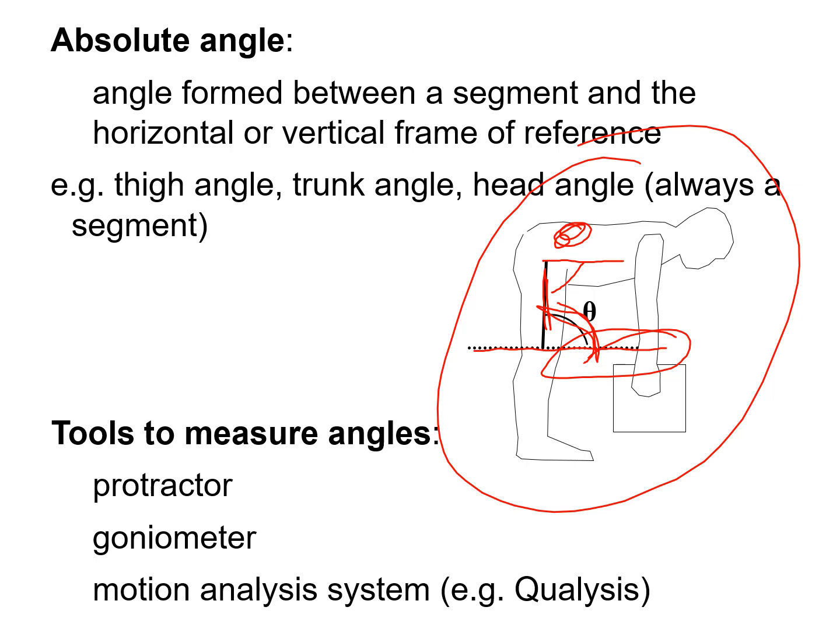A lot of sports medicine personnel and physical therapists use a goniometer, which looks just like a compass. You have two arms here, and then it's 360 degrees marked out right in here. This arm is fixed, so you'd put this against the horizontal plane, and this arm moves back and forth, and it'll indicate that absolute angle.